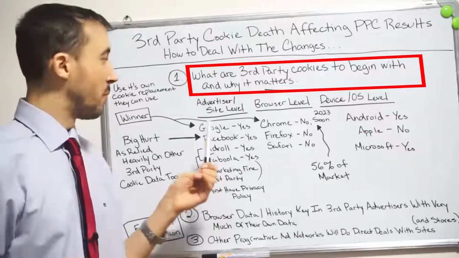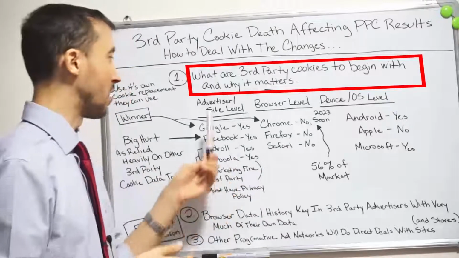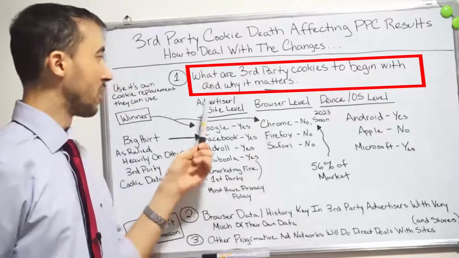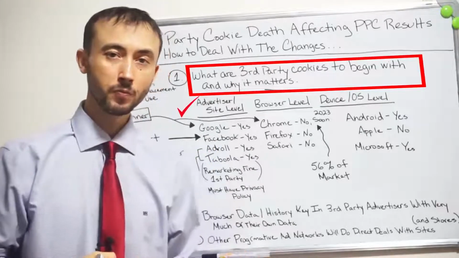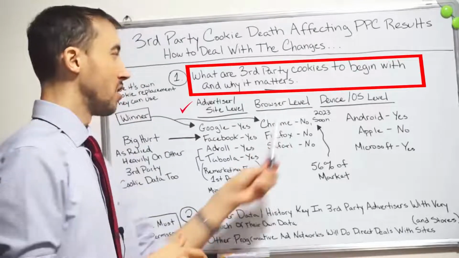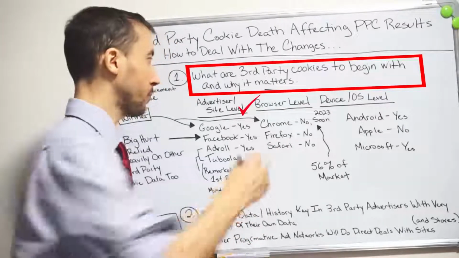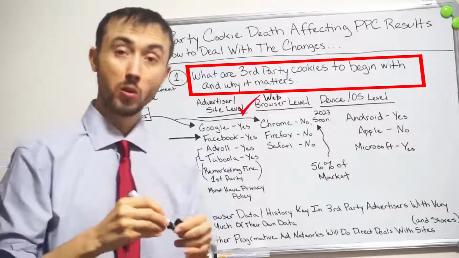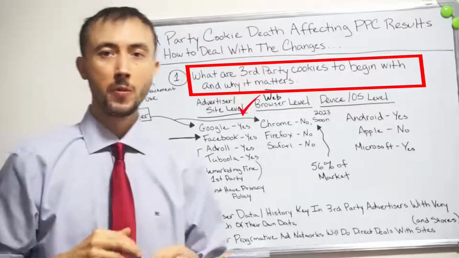So that said, cookies, generally speaking, and I've touched on this at the beginning of the video, are set at kind of three different levels, if you will. There's an advertiser or site level, so a site can track you using a cookie. You have a browser, like Google Chrome, or Internet Explorer, and so on and so forth.